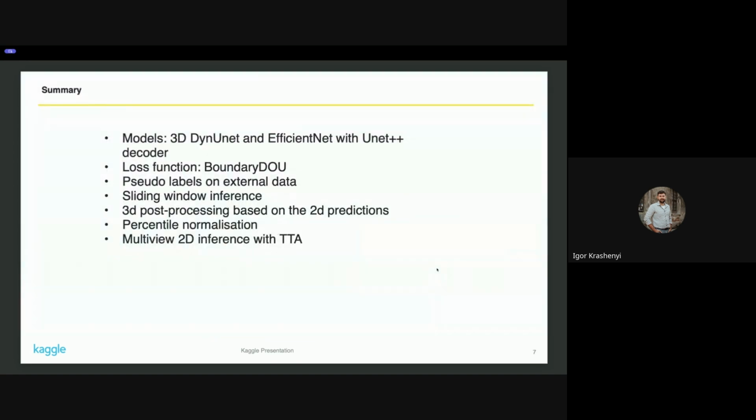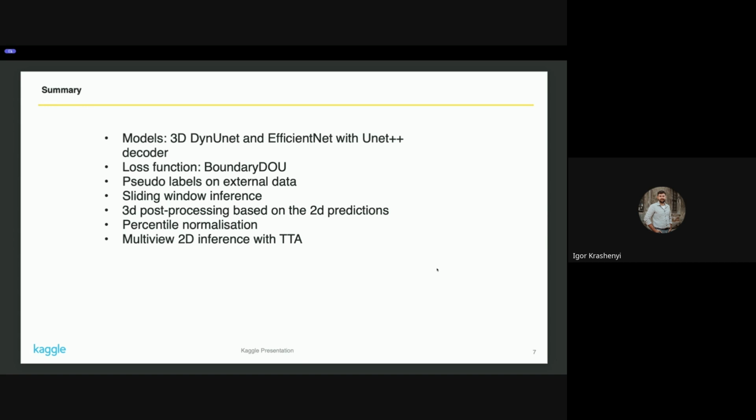So basically my approach is a combination of 3D UNet and UNet++ with the EfficientNet B5 encoder. The most important thing, I guess, is the boundary difference over union loss, which helped me a lot in precise segmentation.